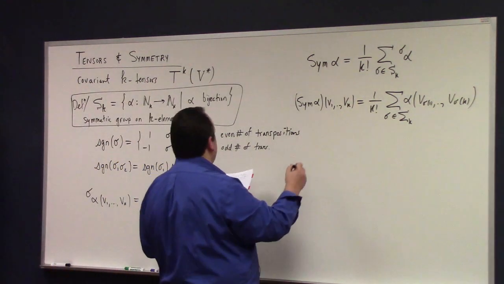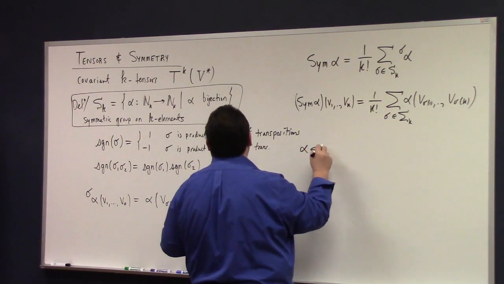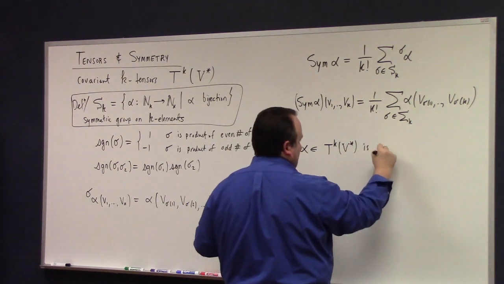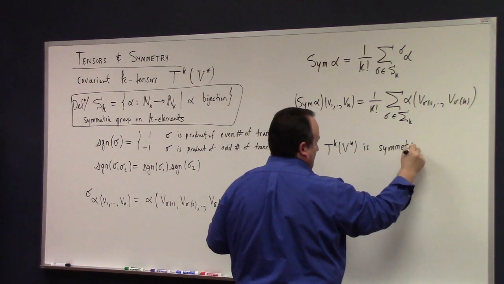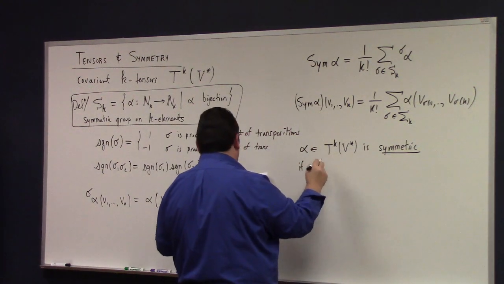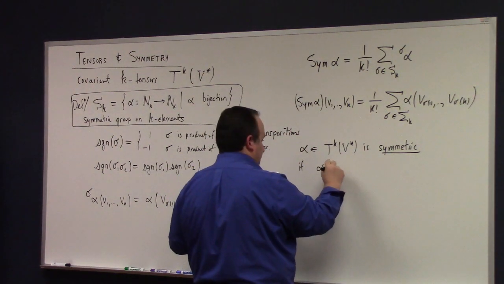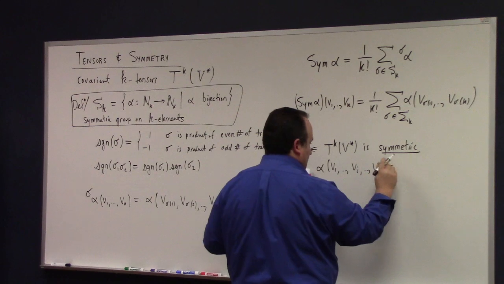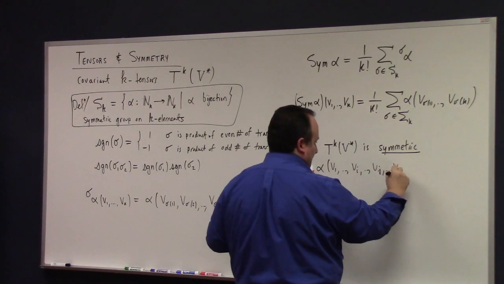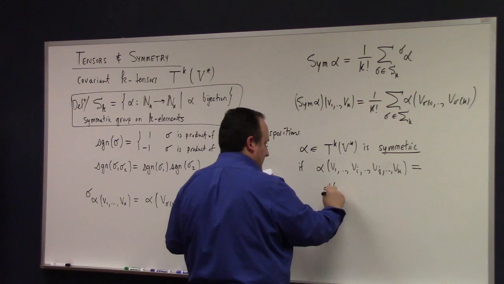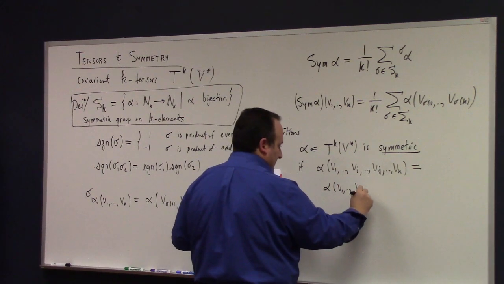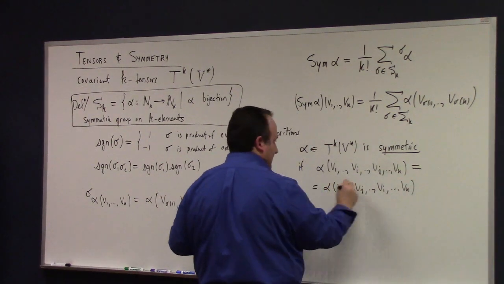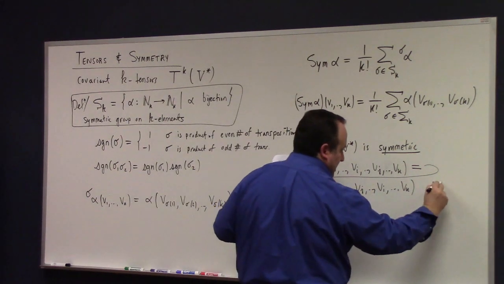Let's say alpha, an element of T^k(V*), is symmetric if, and the way he writes it is like this: alpha of v1, ..., vi, ..., vj, ... is equal to alpha of v1, ..., vj, ..., vi, ..., and that's for all i, j.